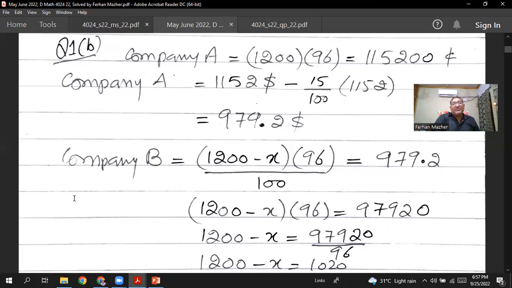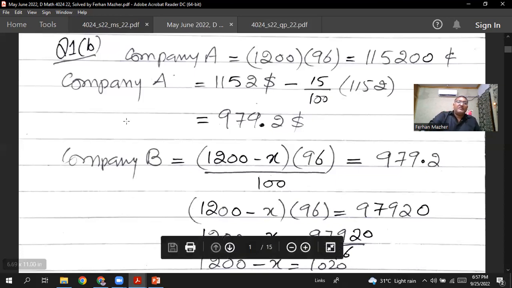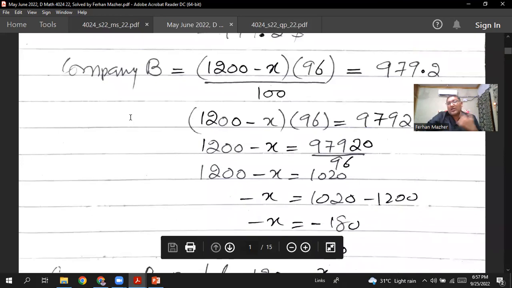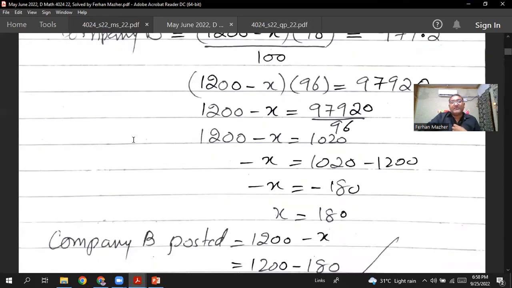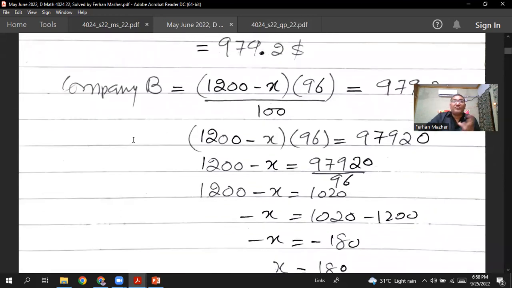Company B will get the same bill, but they posted fewer letters than Company A. Suppose the difference of the letters is X, so Company B posted 1200 minus X letters.